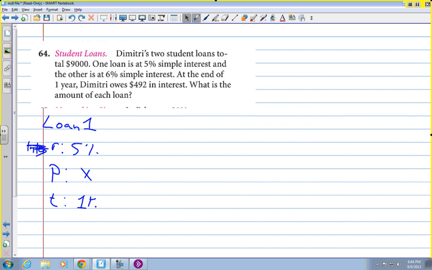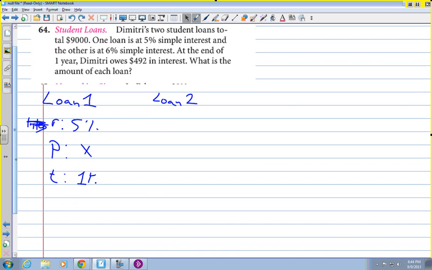Now, loan 2 is 6%. The principal now is 9,000 minus x. So you really want to avoid giving a second variable. Later we'll do problems with multiple variables. And time is still 1 year.